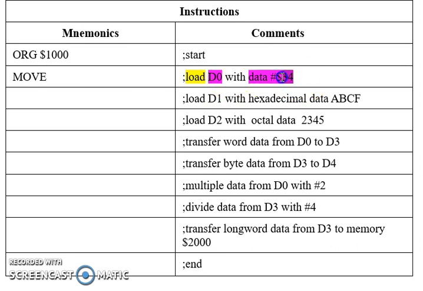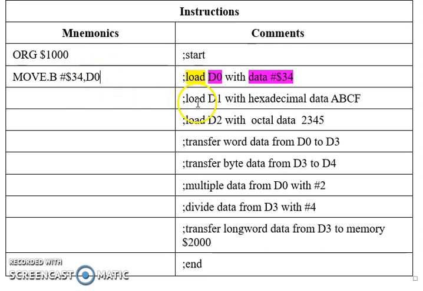Here the value is two places, that means we should use .b. Move.b, and the source is the data, hexadecimal 34, and the destination, where we load the data, is D0. Remember, this is how you can change the command into mnemonic code. Move.b 34, data in hexadecimal, to destination D0.